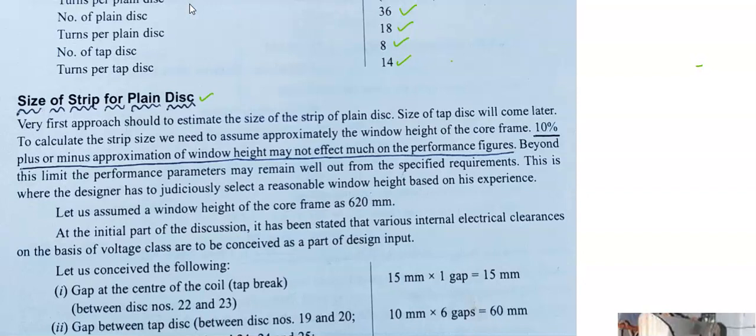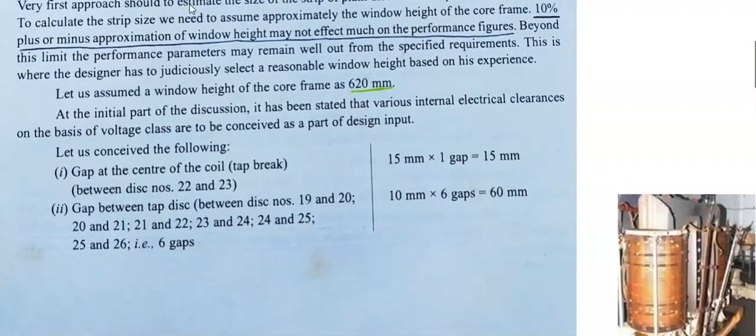Based on our experience, we take the window height plus or minus 10%. Here they have given that a 10% plus or minus approximation of window height may not affect the performance figures much. So we assumed the window height is 620 mm initially, based on experience.